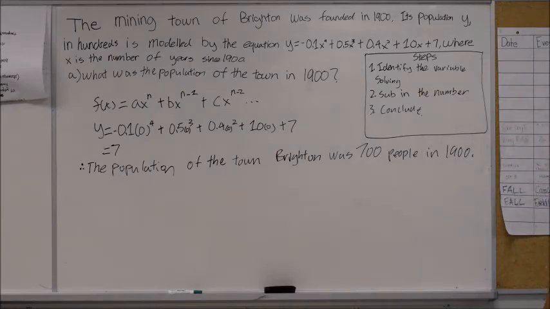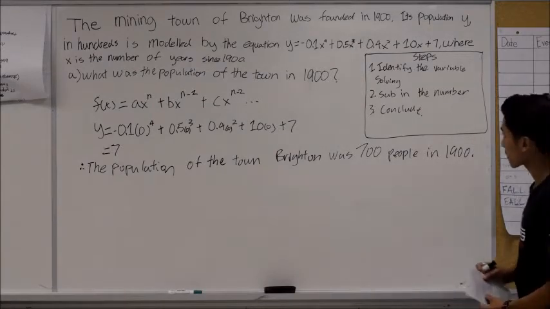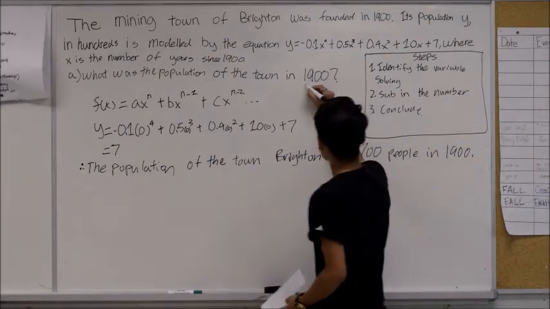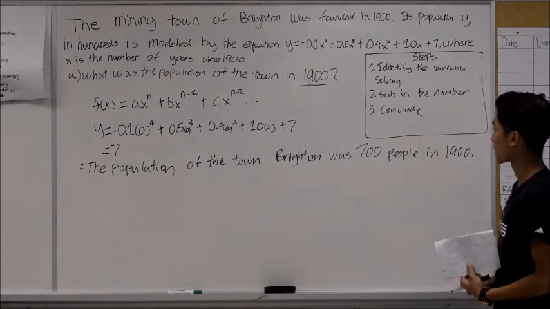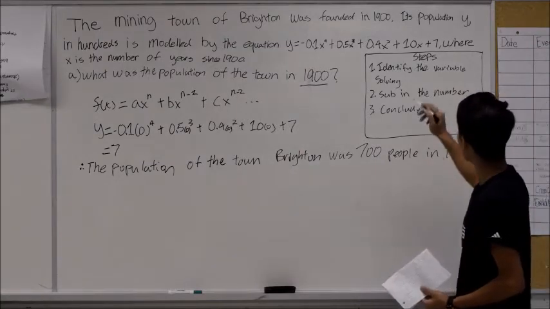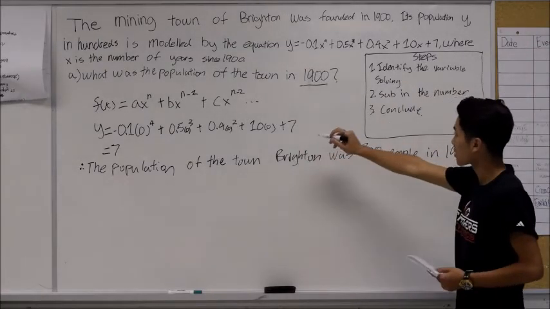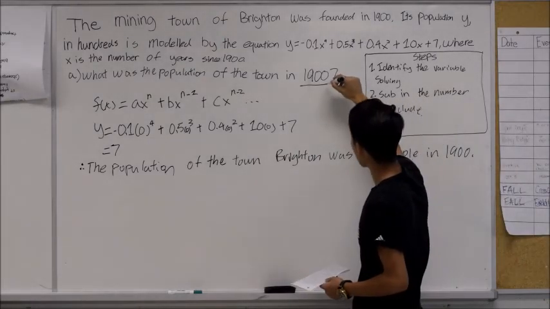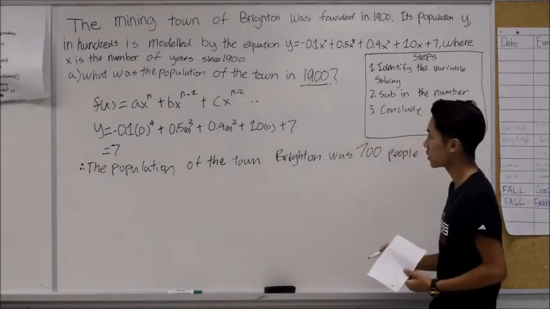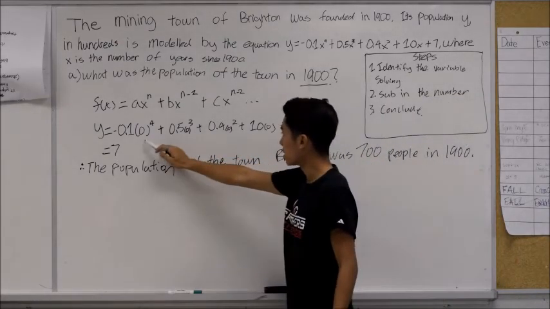In order for us to solve this question, we have to look at 1900. This is telling us the x, and we know that x starts at 1900. So if we want to find the population in 1900, we simply need to sub in 0 for x.